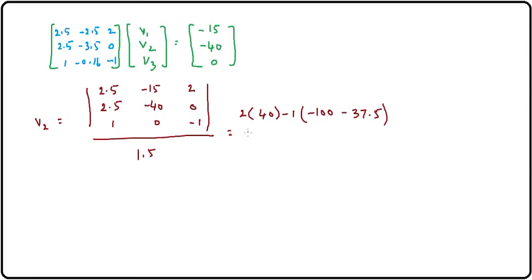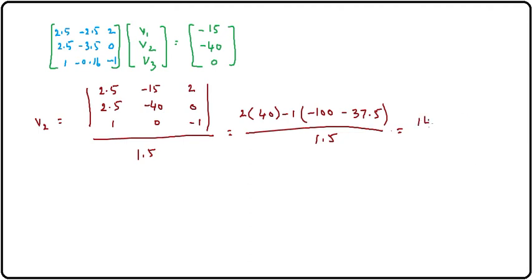That's all. So divided by 1.5, minus 100 minus 37.5 is 137.5, and since there is a minus of minus, it will be plus, so plus 80, equal to 145.5.